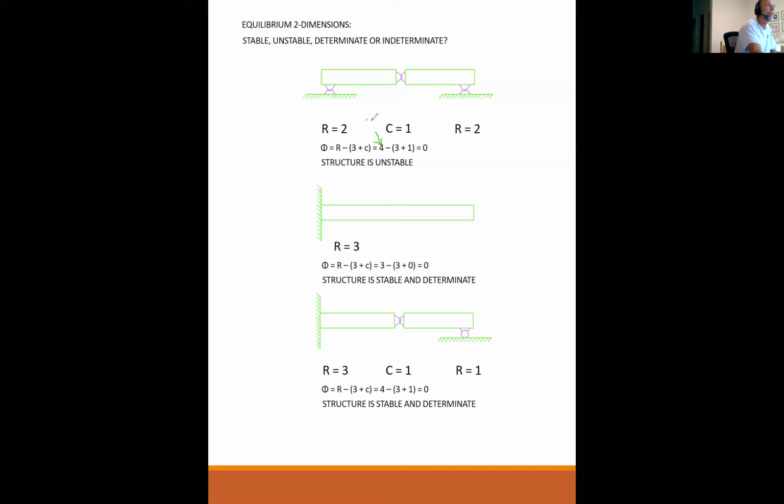That's actually a 3. Not because I miscounted my reactions, but because that number R represents the number of independent reactions. Although I have 4 of them, not all 4 are independent in this case, only 3 of them are. So that's why this is actually -1. Okay, thank you.